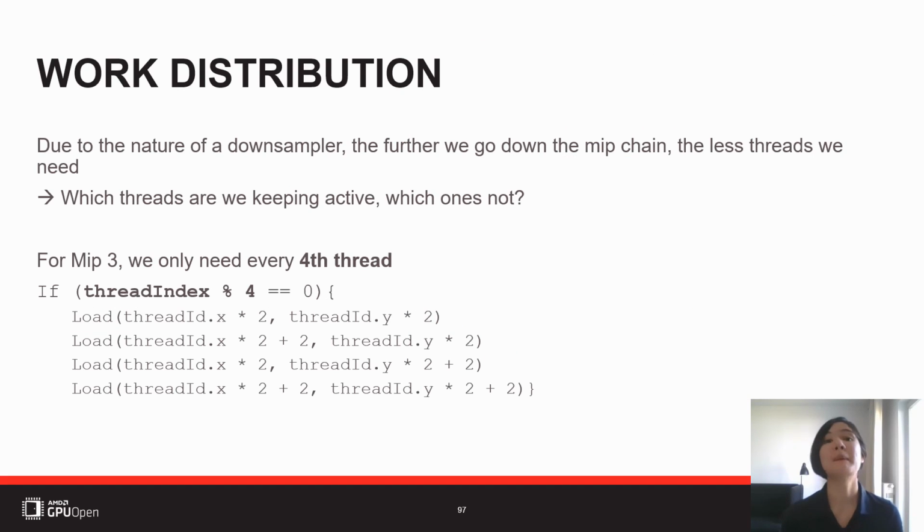Yeah, so for MIP2 to go down to MIP3, MIP2 has a size of 16 by 16, MIP3 has a size of 8 by 8. This also means we have fewer values to compute, so we need a smaller number of threads. So now we need only every 4th thread, and the other threads are inactive. We can decide this by just taking the thread index modulo 4. If this is 0, then we take this thread, and otherwise we don't use the thread.